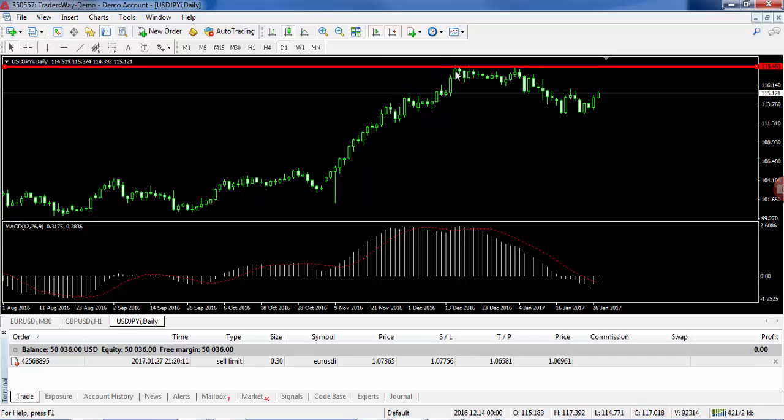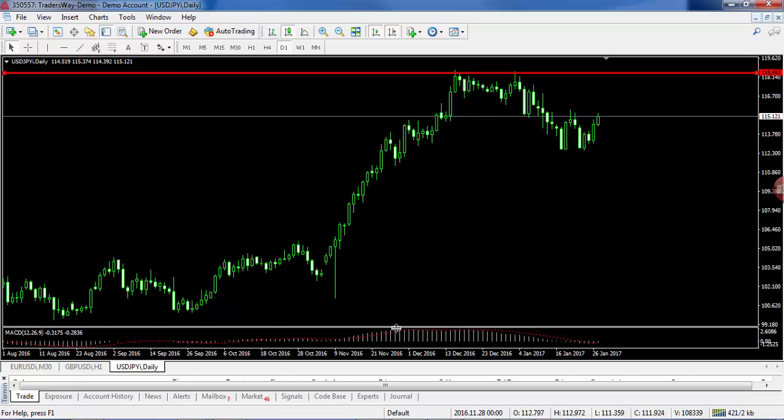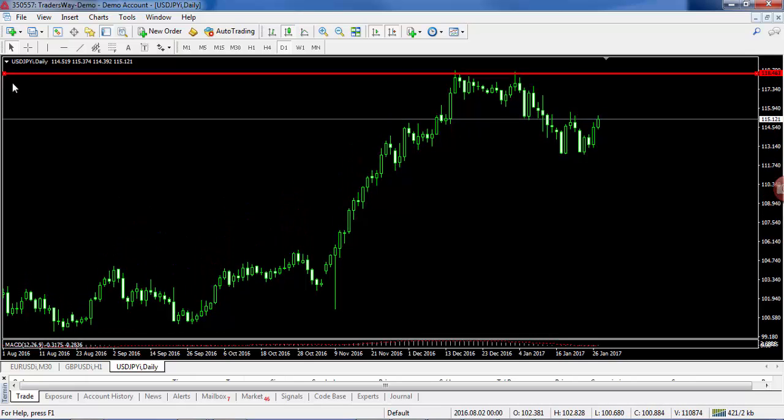So, let's take a look here. And let's say this is our resistance level right here. All right, so we want to look at what went on in smaller time frames with this candle. As a matter of fact, let's use this candle here.